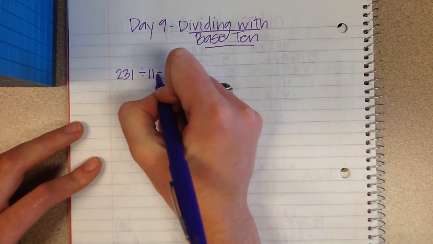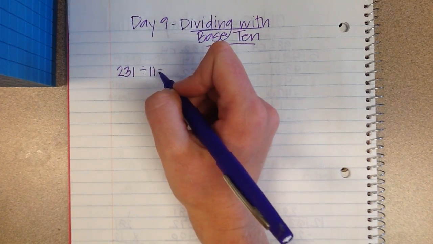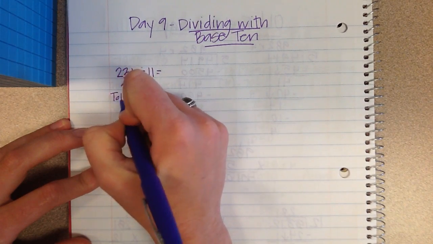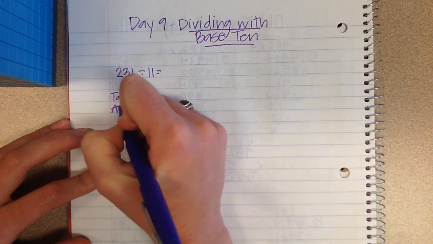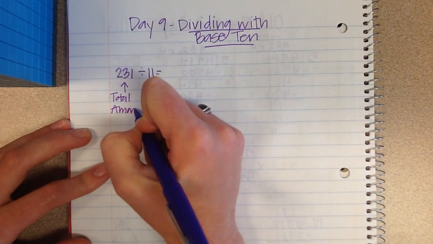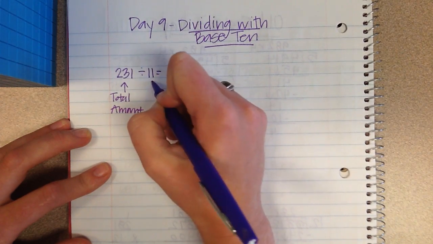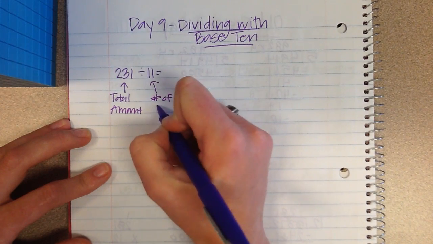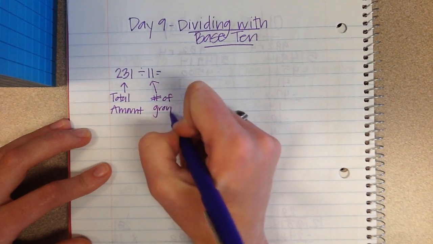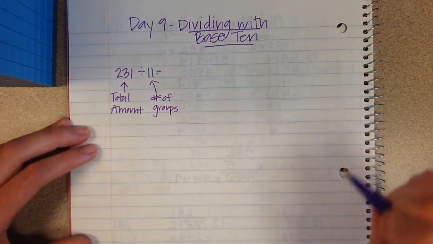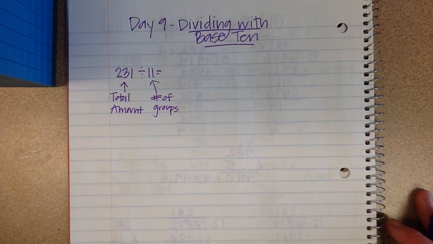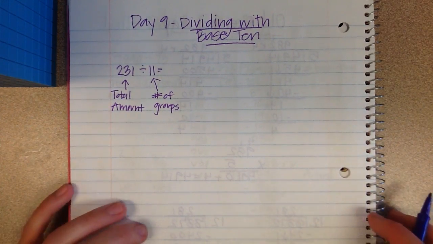This is our total amount and this is going to be the number of groups. The first number is always going to equal your total amount.